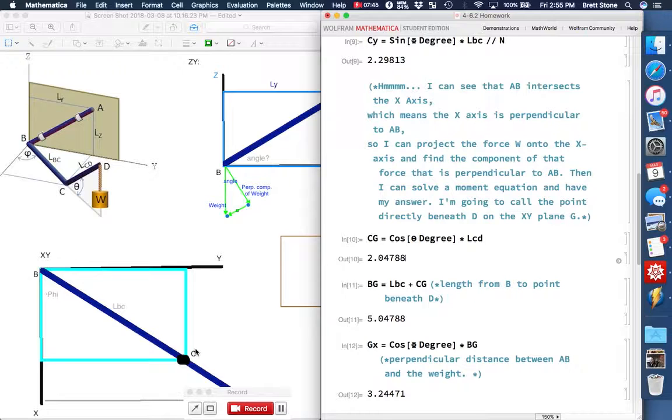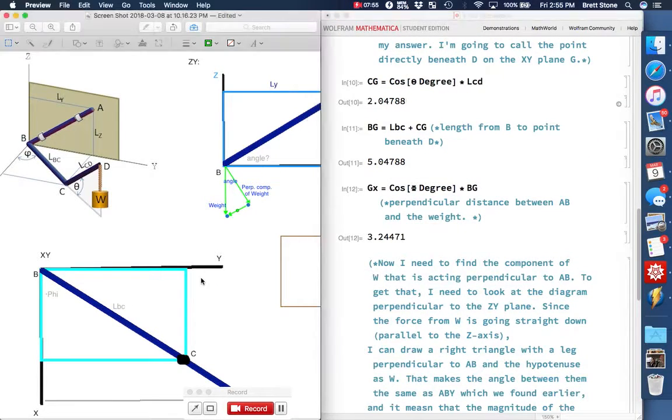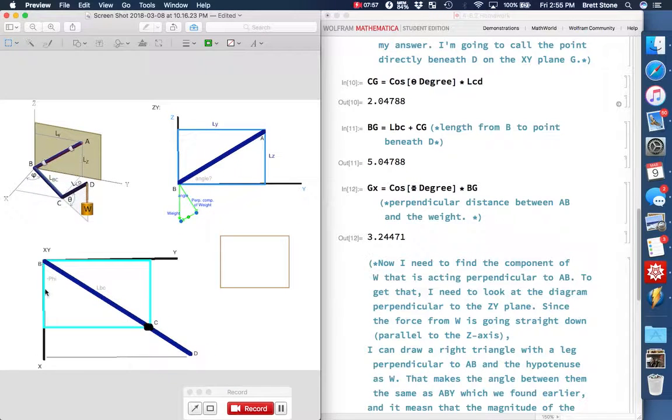And then from B all the way out to G, or under D, is going to be LBC plus CG, which we just found. And then GX is this part over here that we were talking about, from B out to this gray line. That's what I called GX. And that's going to be cosine of phi times BG, this big triangle.